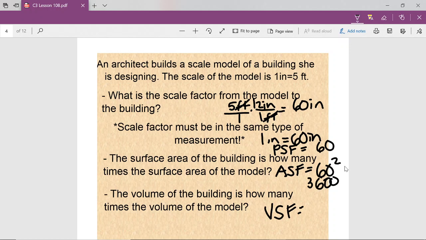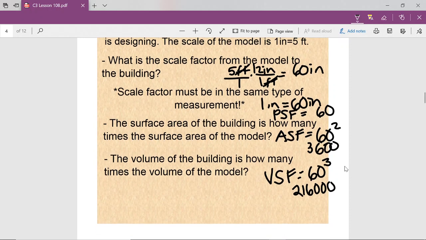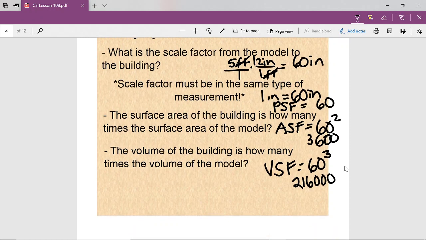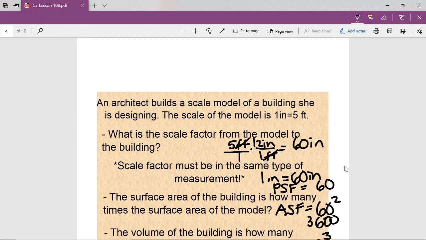I'm not going to multiply this one out, but from that original scale factor of 60, I'm going to cube it to get there. We should get 216,000, I believe. It's much, much bigger for the real thing compared to the small model. So we're using that relationship between perimeter scale factor, area scale factor, and volume scale factor to move between all of these different measurements. But we have to start with it in the same units.